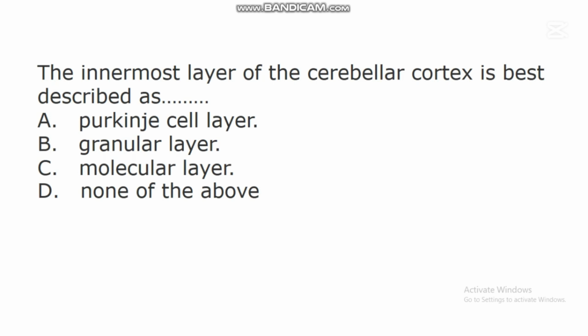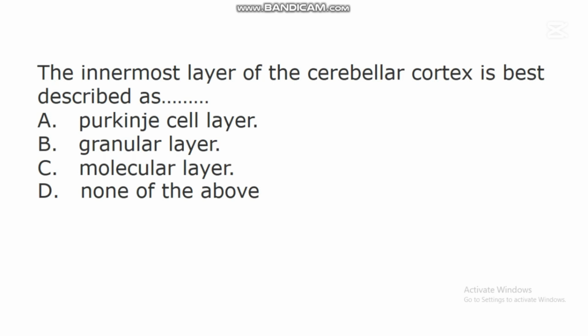The next question says, the innermost layer of the cerebellar cortex is best described as dash. A. Purkinje cell layer. B. Granular layer. C. Molecular layer. D. None of the above.